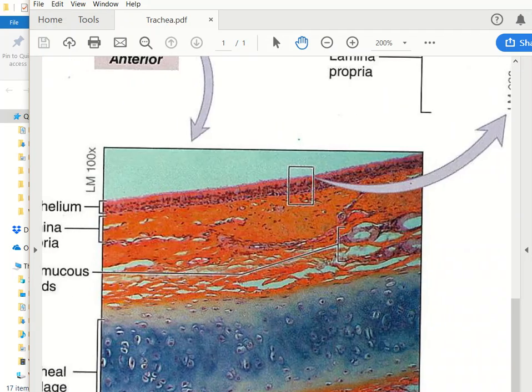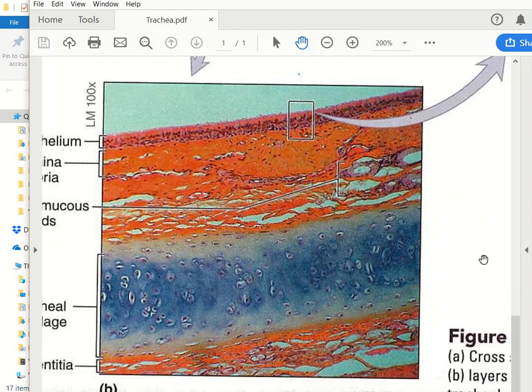Okay. So really, no matter what kind of picture slide that you're shown or given, if you can look for these characteristic things, you'll be set. So boom, right here, look at all that cilia. It looks really fuzzy. So that's our epithelial layer. Then here we've got our lamina propria.